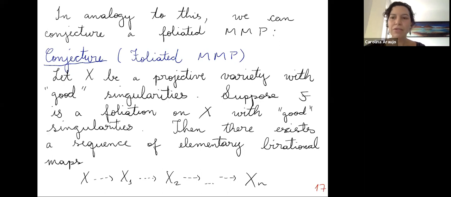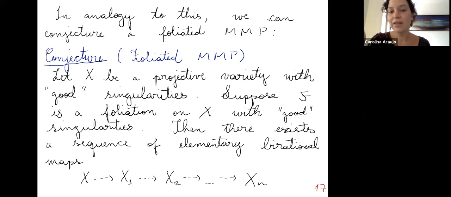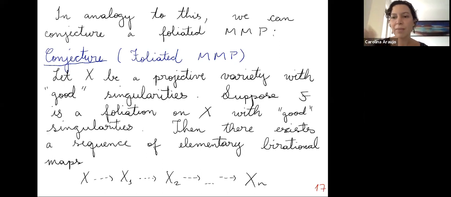In the case of regular foliation, in arbitrary dimensions, suppose that the foliated MMP exists. Is it automatic that a foliated MMP for a regular foliation is going to be a regular classical MMP?